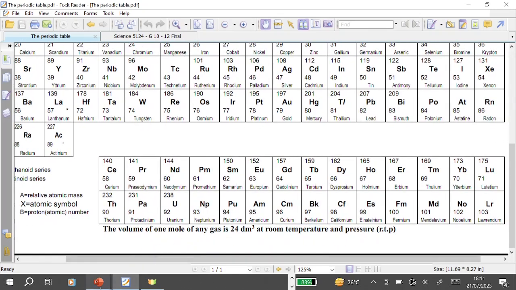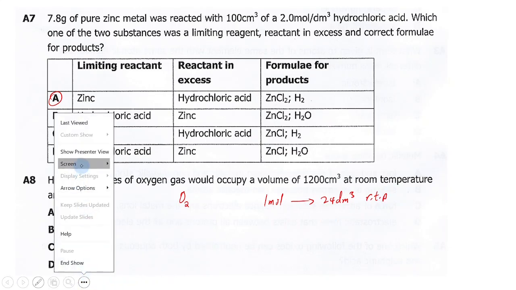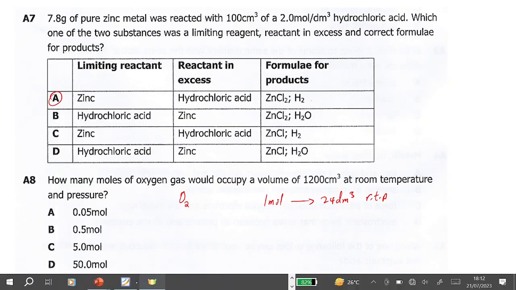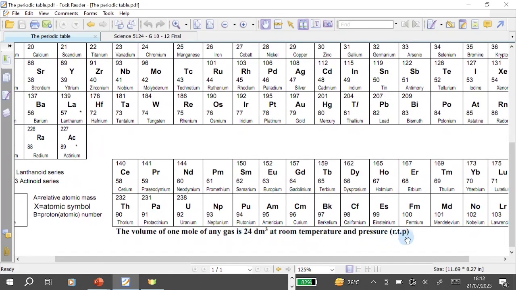So see how I'm going to use this information. I'm going to say 1 mole of a gas will be equal to 24 cubic decimeter at RTP. This is what is in this statement: 1 mole is equal to 24 cubic decimeter at RTP.